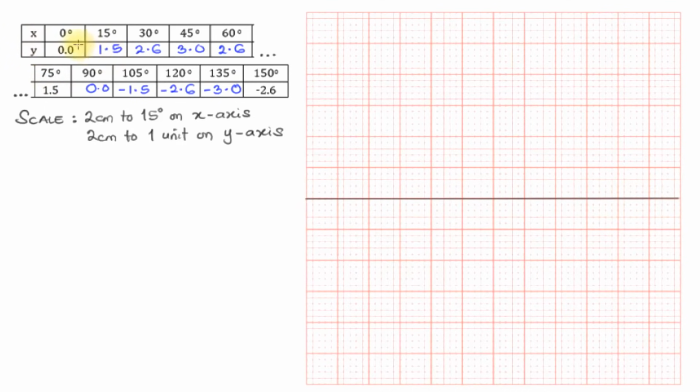Now for the x, how many values for x do we have here? 1, 2, 3, 4, 5, 6, 7, 8, 9, 10, 11. These are 11 values for x, but the standard graph is ideally 12 divisions. So we have 1, 2, 3, 4, 5, 6, 7, 8, 9, 10, 11, 12. That means I can choose to start from this particular first box, and it will cater for all the values that we have.